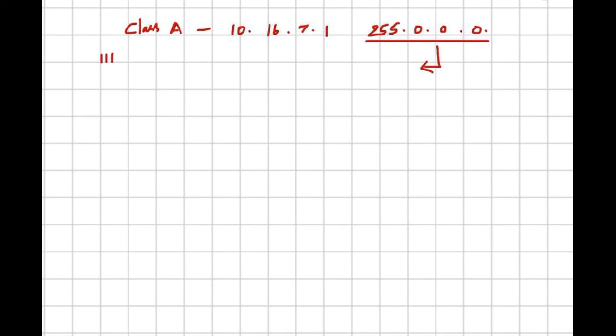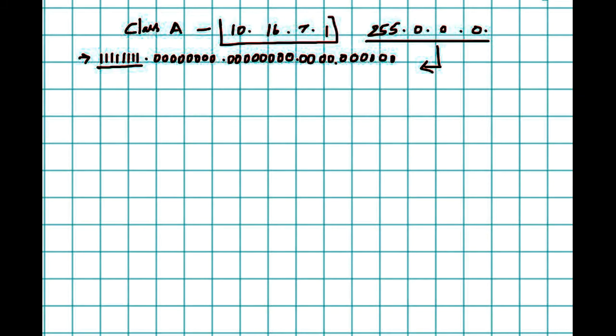This is 1111. So in order to make more subnetworks available for this IP, what we do is borrow bits in the host part. This is the network part and this is the host part.